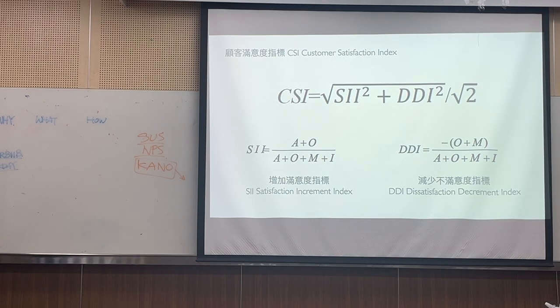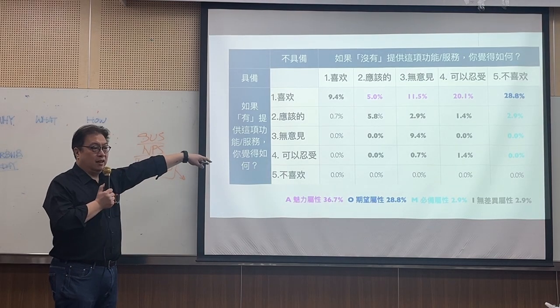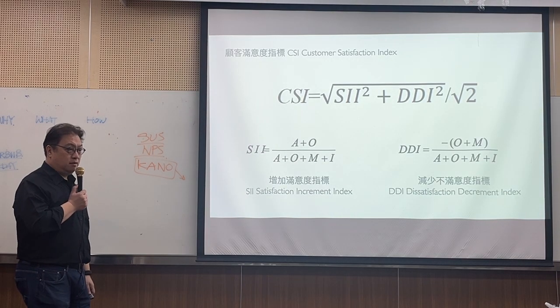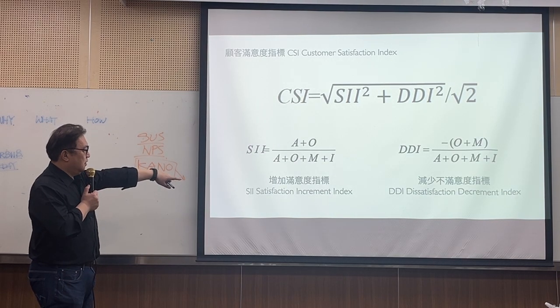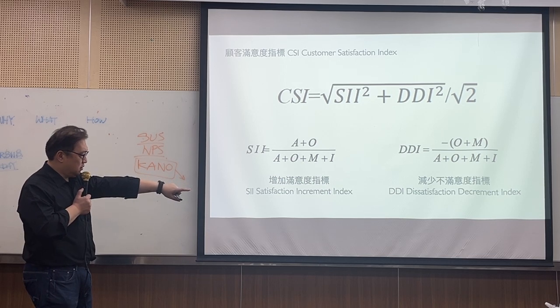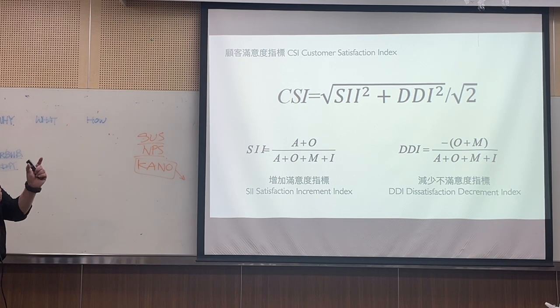Of course you can come up with a final result. This is the table you will have in the end. But you can turn this into a single number. This is called the satisfaction increase index and the dissatisfaction decrease index. If you are interested, you can use this formula to calculate the final single index.